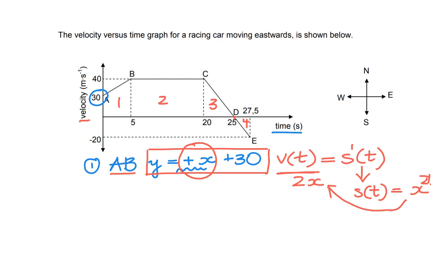If positive x squared, that means my displacement time graph must be part of a parabola with arms up. Hope you get it.